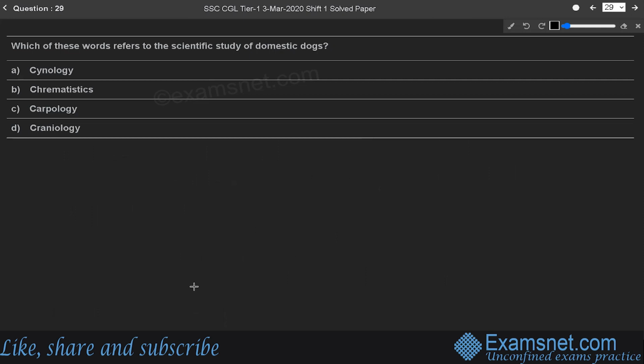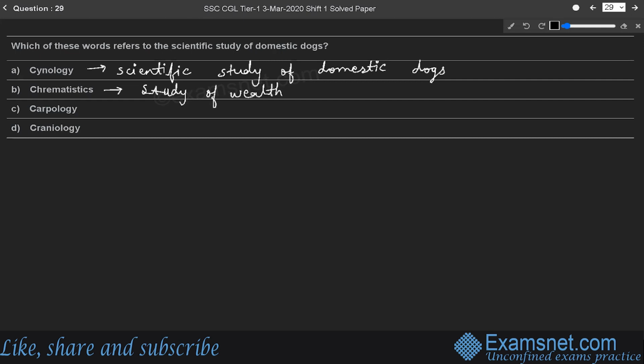Here, cynology means the scientific study of domestic dogs. Second is chromatistics. It is the study of wealth. Third option is carpology.